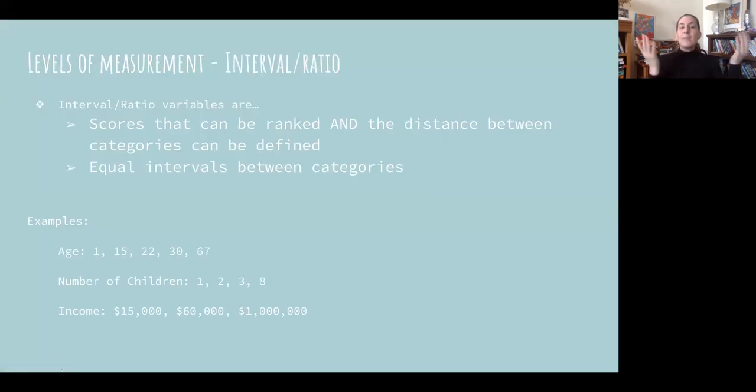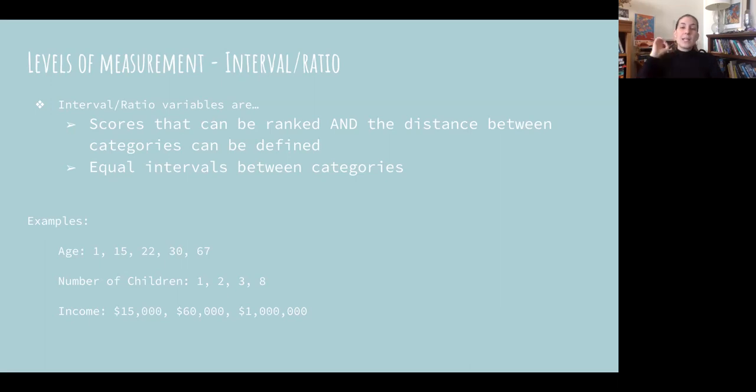The next level of measurement, these are actually related, but we're going to smush them together. They're a little bit different, but they're related. And these are interval or ratio level of measurement. For our purposes, interval ratio variables are going to be anything that can be ranked, just like ordinal, but also where the distance between categories can be clearly defined.